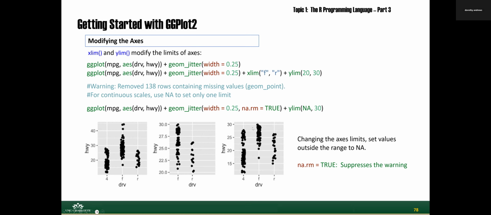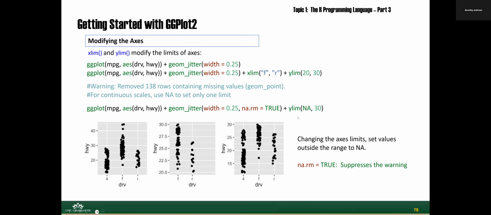And then in this last graph, we did some jittering, and we changed the width of the jittering a little bit to 0.25. We didn't want it to spread out too much, and that's what the width argument does. And we're removing values.